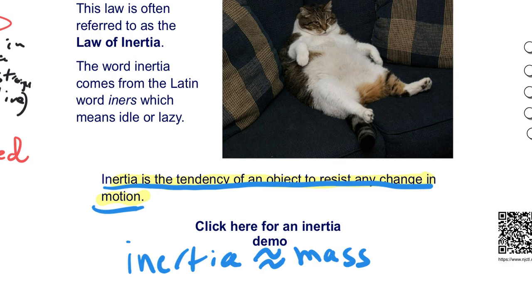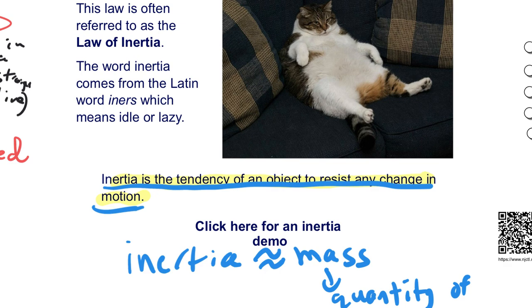Mass is kind of hard to define. It has to do with the heaviness of your atoms, but that's not a good definition either. So inertia and mass. Mass being the quantity of matter.